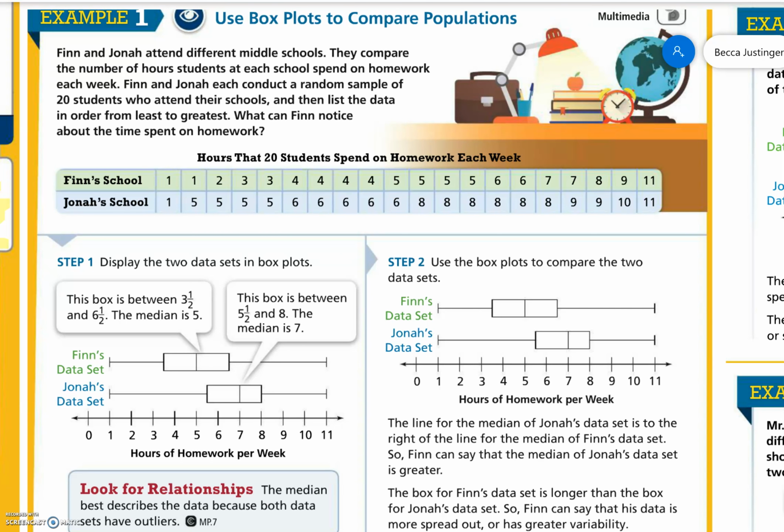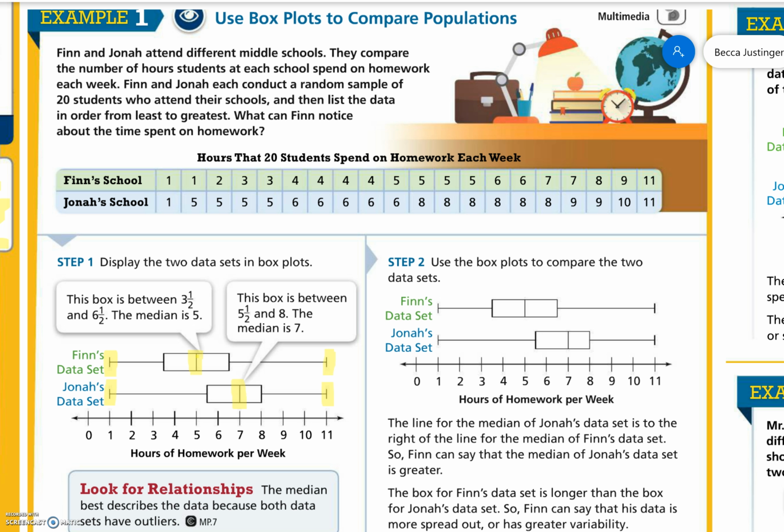So step 1, display the 2 data sets in box plots. Remember, in the box plots, the lowest whisker is the least amount of homework. So the least amount of homework that both classes do is 1. And the highest whisker, the farthest end on the right, is the most hours of homework people do. So that's 11 for both schools. Then the middle line is the median.